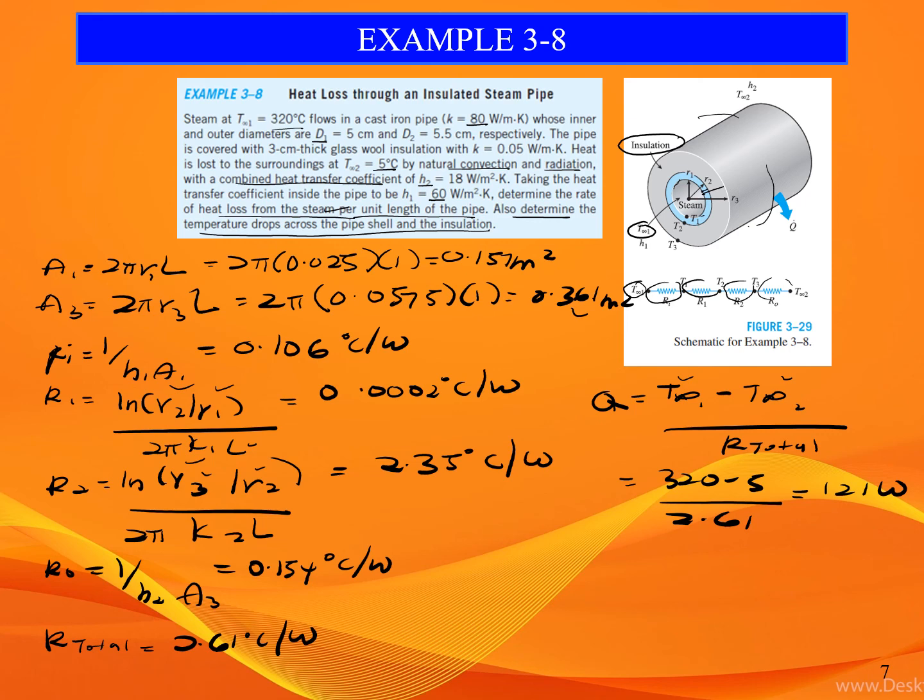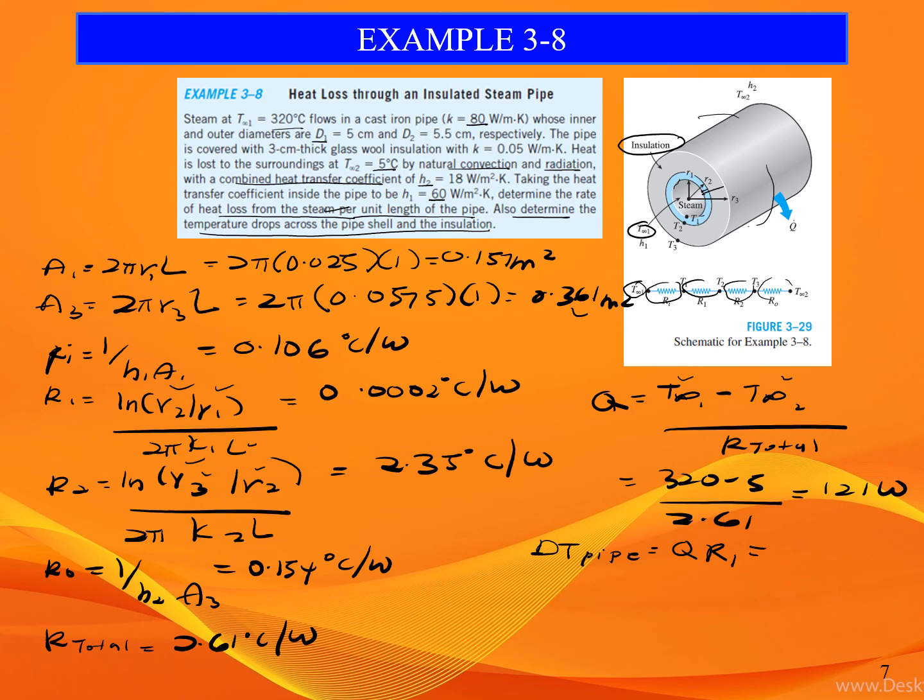And also determine the temperature drop across the pipe shell and insulation. To find the temperature drop for the pipe, delta T pipe, we use the formula Q equal to delta T over R. For the pipe, the R that we need to use is R1.